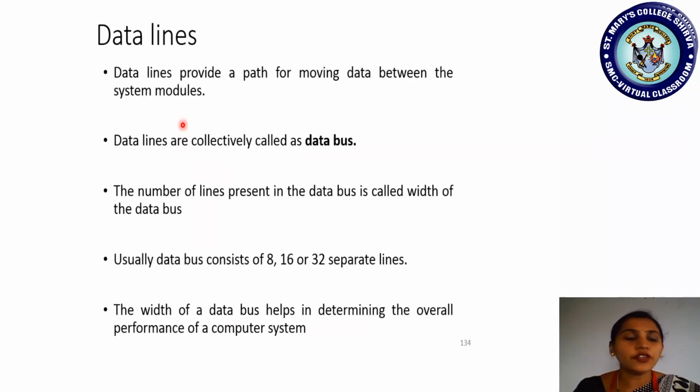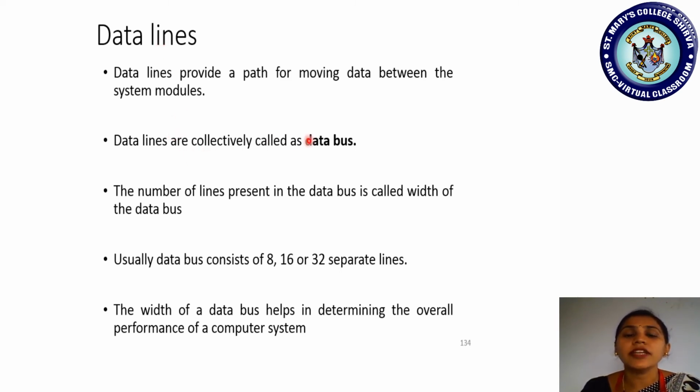Then, as I told you, data lines. I told you the system bus may have 8, 16 or 32 lines, or I can also state them as separate lines. So what are these data lines? They provide a path for moving data between the system modules. So from the input device to the memory, from the memory to the output device, this in and out flow of data is done with the help of these data lines.